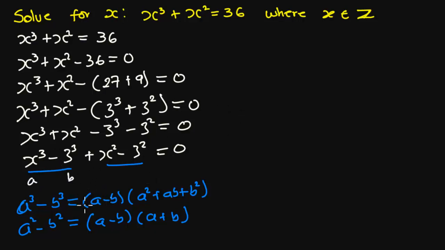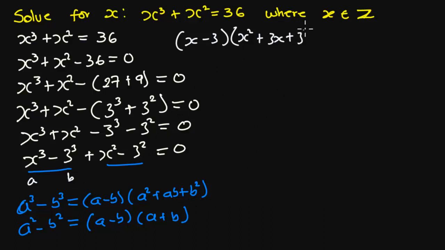And so considering this term, this becomes a and then this becomes b. So we are going to have, from this side, a minus b, and a is x. So x minus, and then b is 3. Multiplying a squared, we have x squared plus ab, which is 3x, plus, and then b squared, and b is 3.